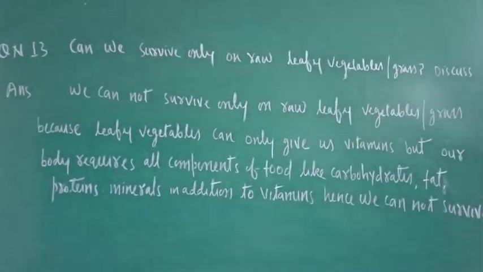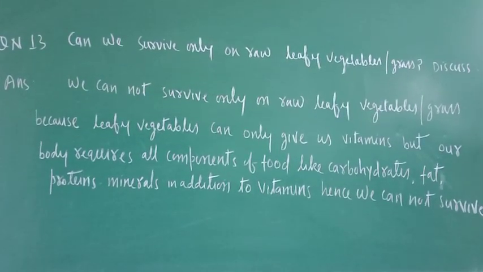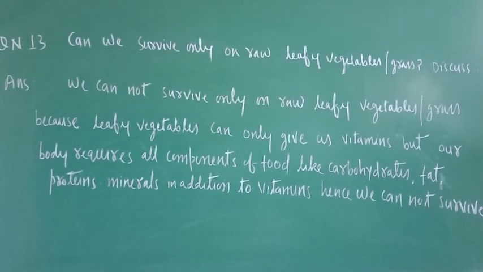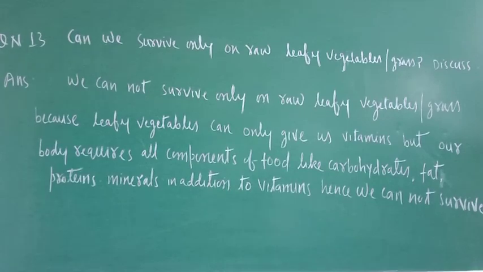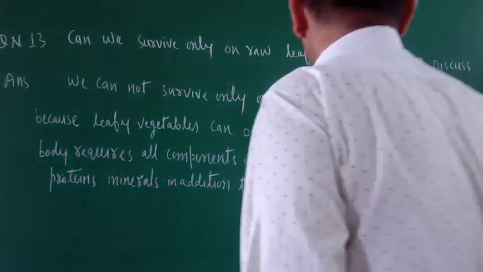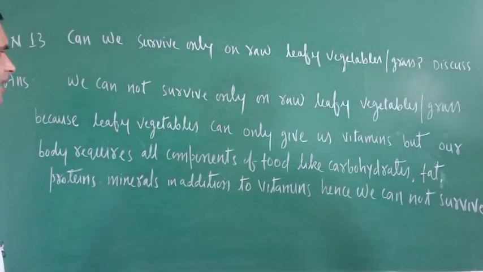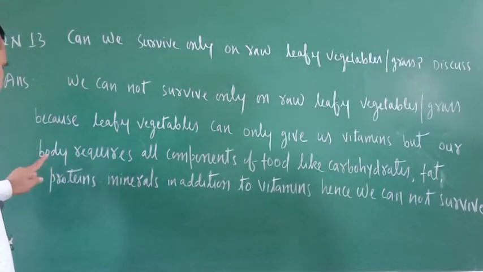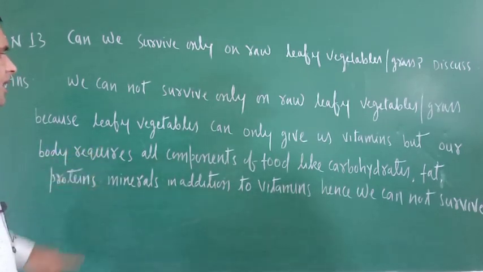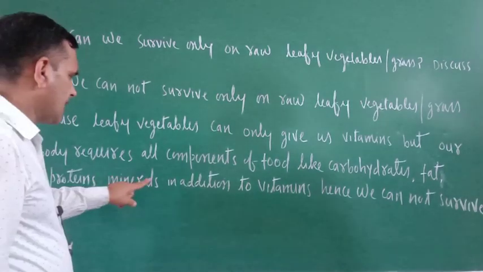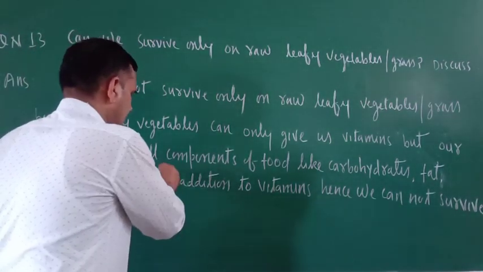Question number 13. Can we survive only on raw leafy vegetables and grass? Discuss. So we cannot survive only on raw leafy vegetables and grass, because leafy vegetables can only give us vitamins, but our body requires all components of food like carbohydrates, fat, proteins, minerals in addition to vitamins.